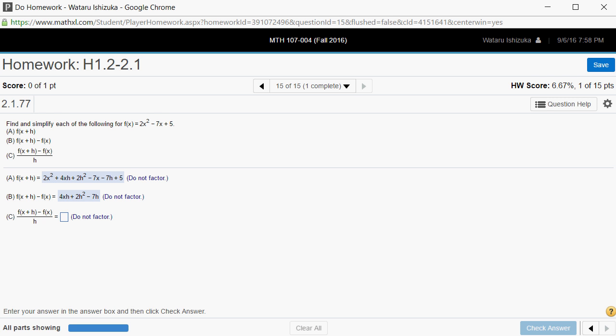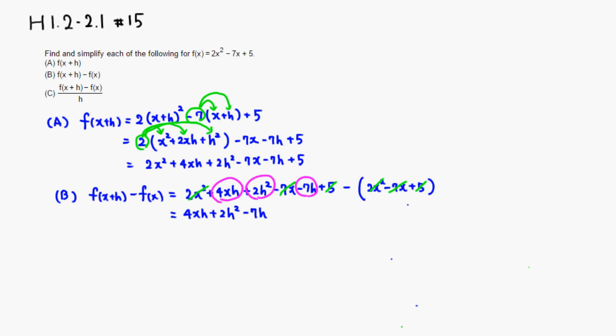That last part, we just need to divide part B by h. So C is going to be f of x plus h minus f of x, all over h. So this is going to be 4xh plus 2h squared minus 7h, all over h. Since h is in common, I'll factor h out.